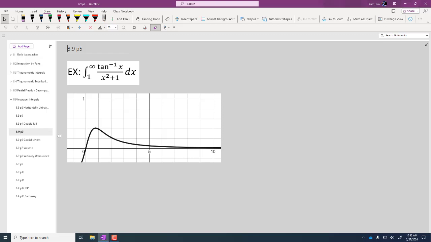So the nature of this is a constant divided by x squared being the dominant term in the denominator, so it's probably going to converge. The math should confirm what we think by generating some intuition here. So we put pi over 2. Yes, exactly. Arctan of x is pi over 2 in the long run.